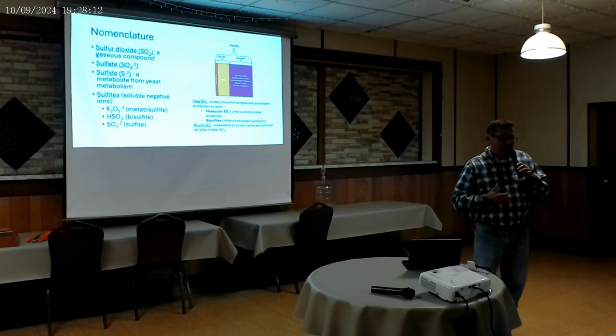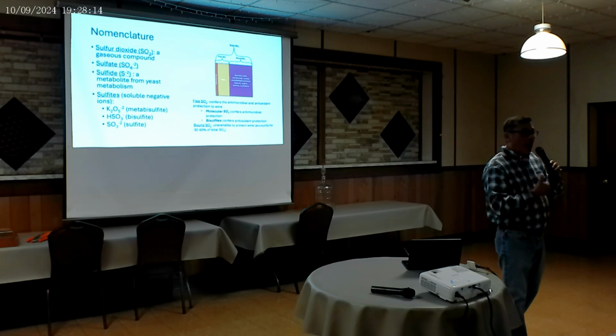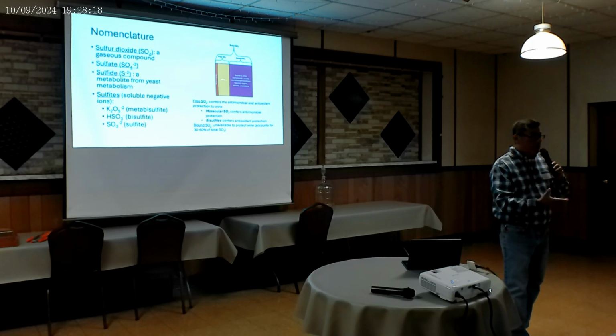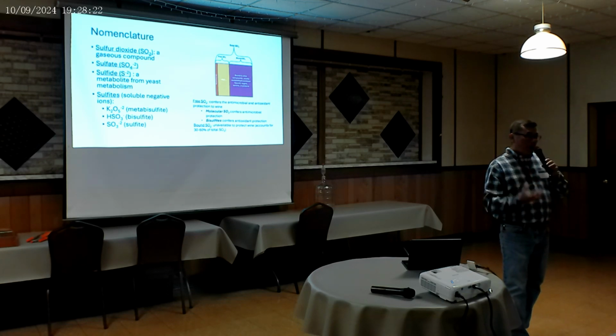Then there is SO2 that is bound to various chemicals within the wine, like aldehydes, proteins, sugars, and so forth. Some of them are permanently bound, like with aldehydes, and some are temporarily bound in equilibrium, like with some of the sugar molecules.